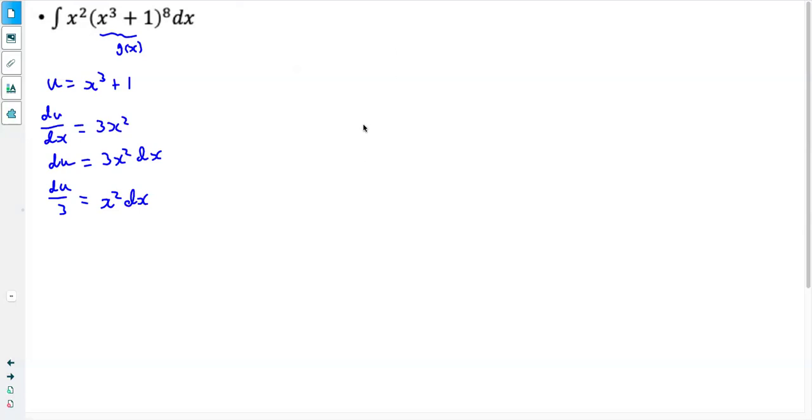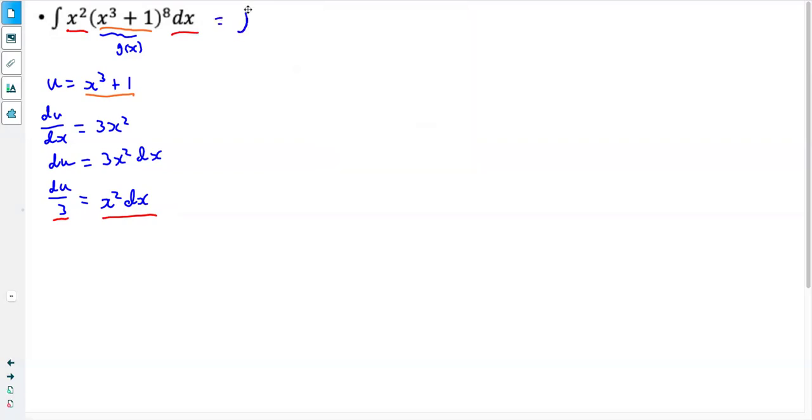Once again, we'll do some substitution: x cubed plus 1 will go in for this x cubed plus 1. Meanwhile, our du over 3 will go in for our x squared dx.